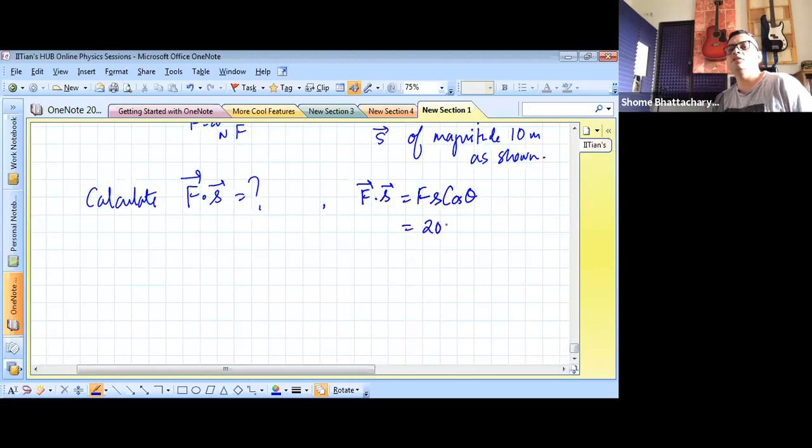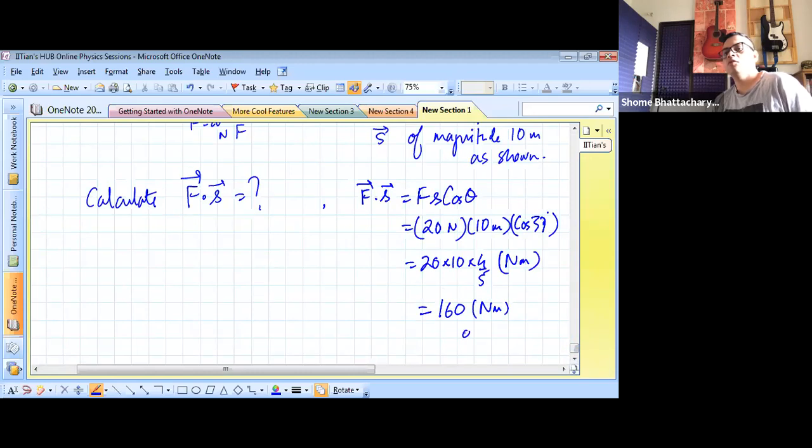So 20 newtons multiplied by 10 meters multiplied by cos 37, which is 4 by 5. Newton meter is the same thing as joule. So this will become 160 Newton meter, or you can say 160 joules. So this will be F dot S.